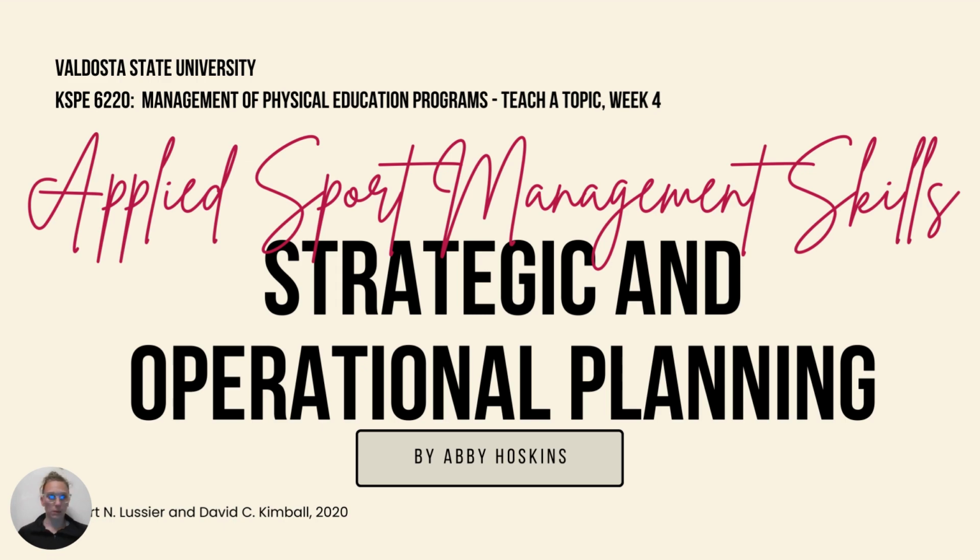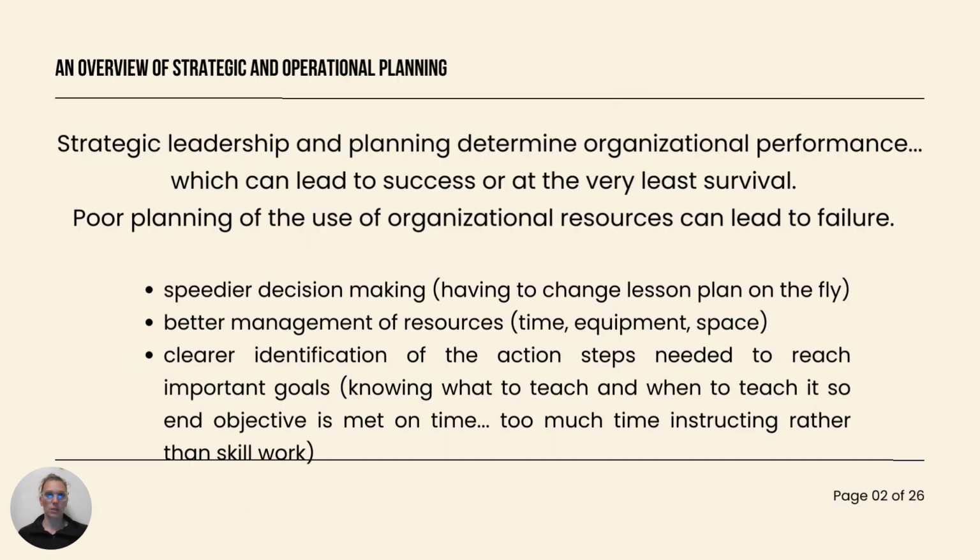Just said the name of the chapter. We're going to move on to slide number 2. Overview of strategic and operational planning. Strategic leadership and planning determine organizational performance, which can lead to success or at the very least survival.